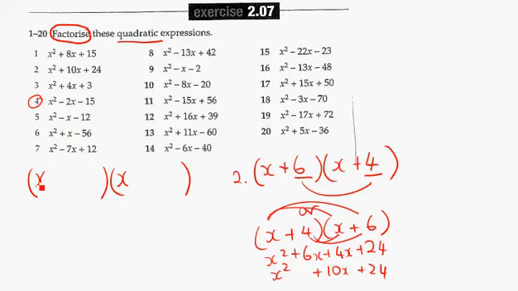Beginning with the x, we start with the back term, 15, factors of 15, 3 and 5, 1 and 15. Right, now I have to either add or subtract to make sure I get the minus 2 in the middle. Clearly I'm not going to be able to use the 1 and 15, and it's going to be the 3 and the 5. Now how to combine a 3 and a 5 to get the minus 2x.